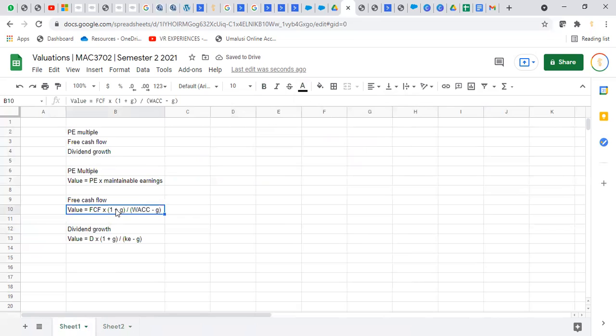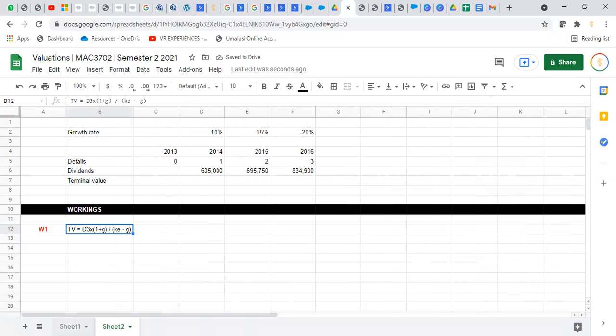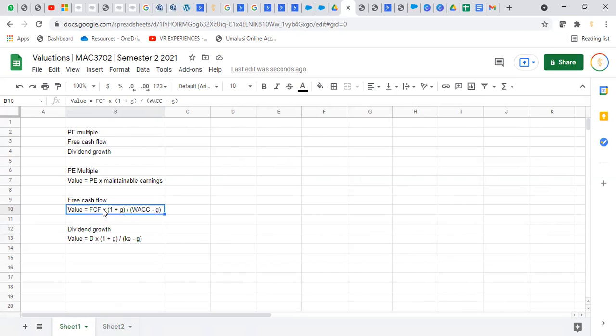This is the terminal value calculation if you're using a free cash flow method. This is the terminal calculation if you're using a dividend growth model. So the terminal value equals, because you're using a dividend growth model, D3 multiplied by 1 plus g, divided by Ke minus g. So the terminal value uses this formula for the dividend growth model. For the free cash flow, it is that.